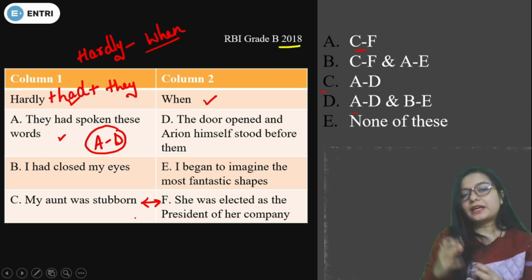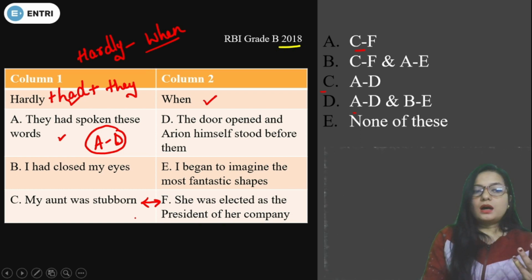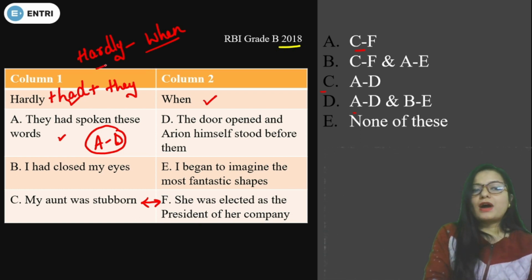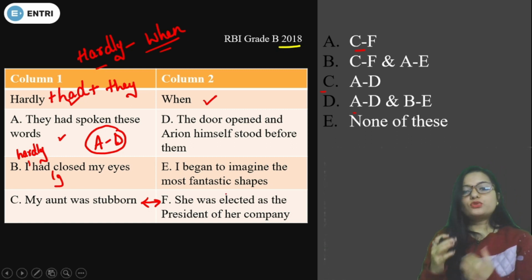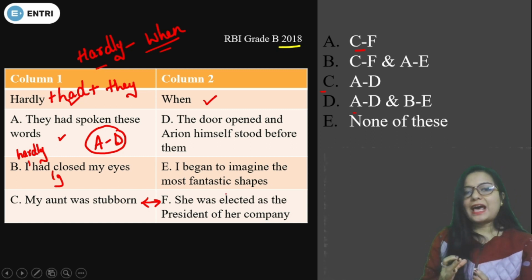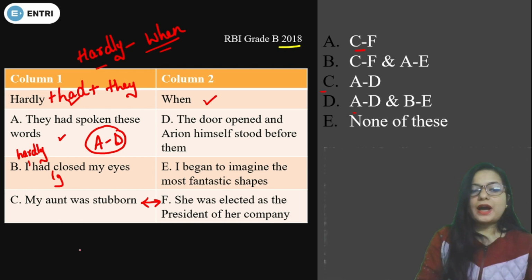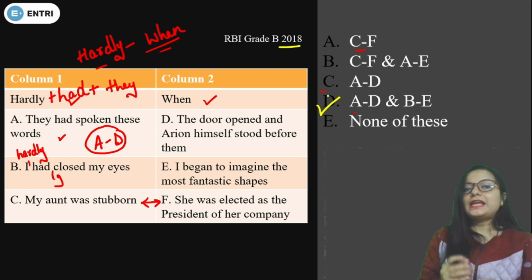But yes, we can connect B with E by just using the pair of "hardly" and "when". You can say, "Hardly had I closed my eyes when I began to imagine the most fantastic shapes." That is why you have to mark this one, A, D and B.